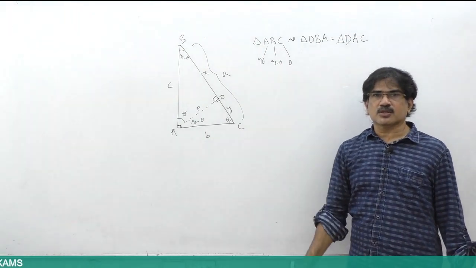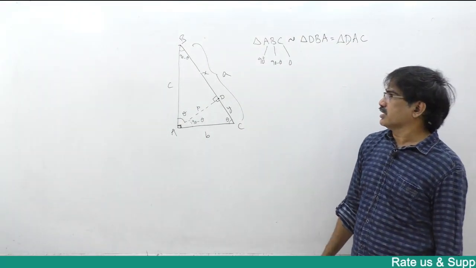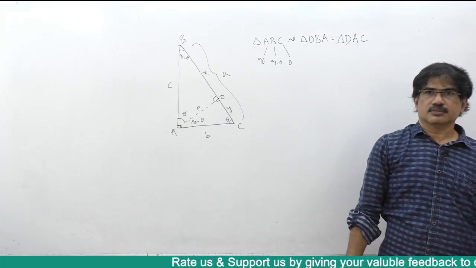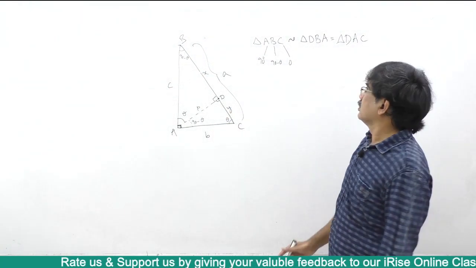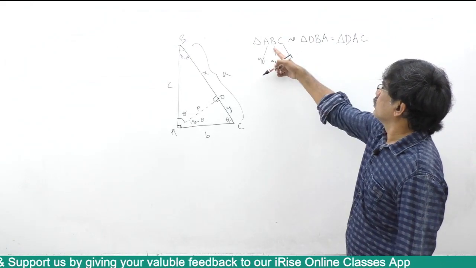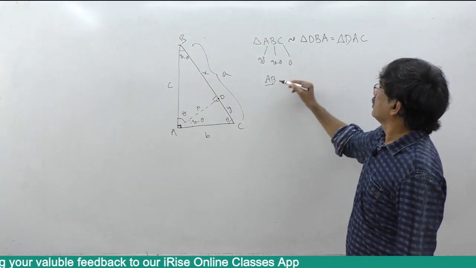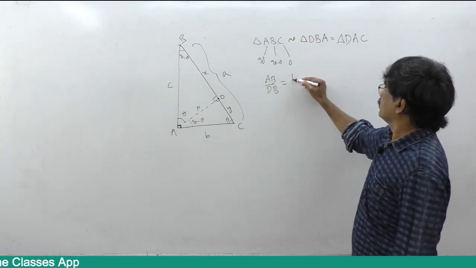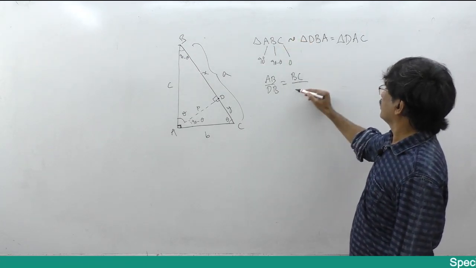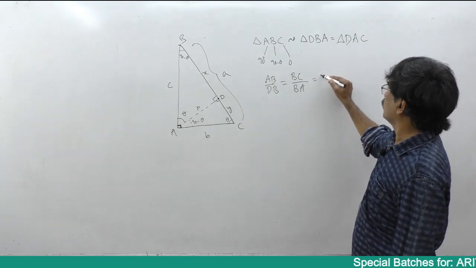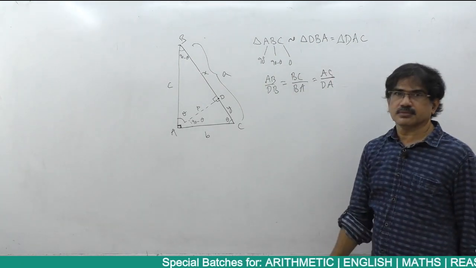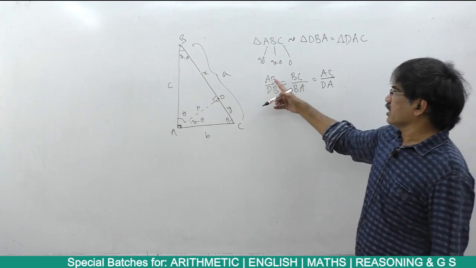Just apply corresponding sides conditions, we can get all the 5 properties. For example, I want to consider these two. AB by DB is equal to BC by BA is equal to AC by DA. See, what is AB?